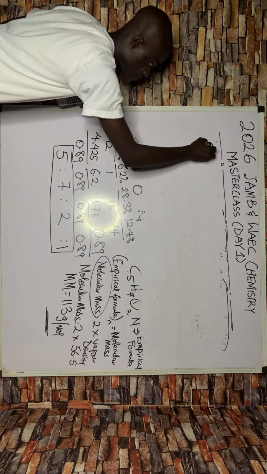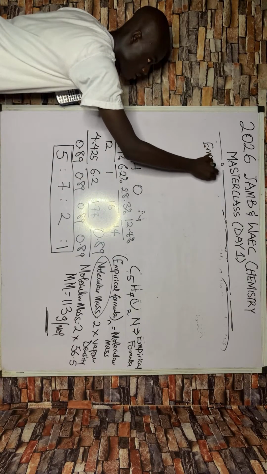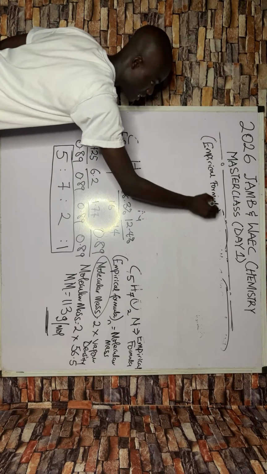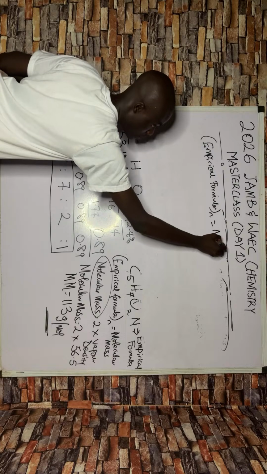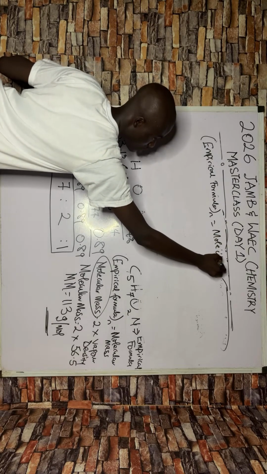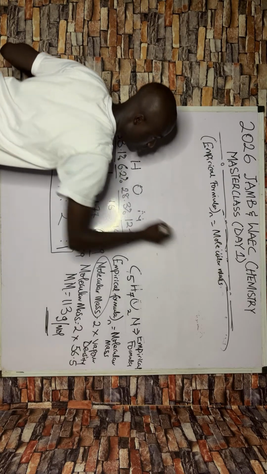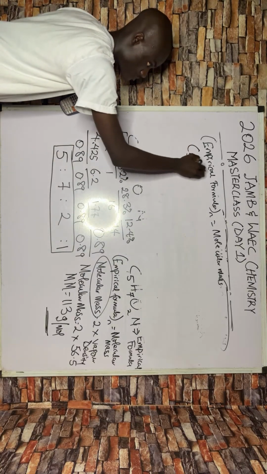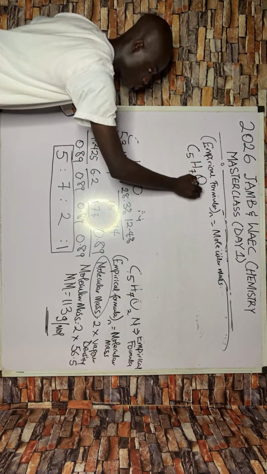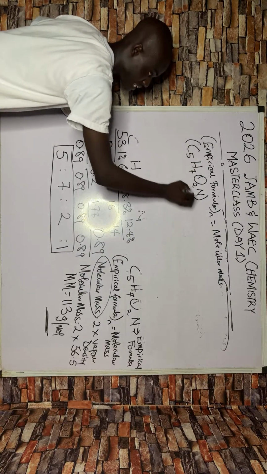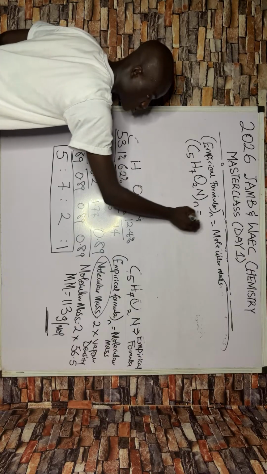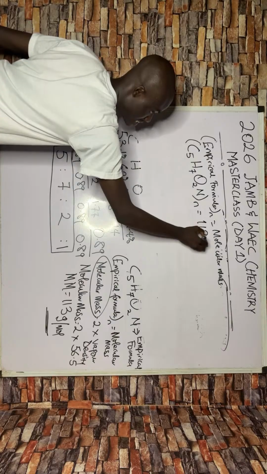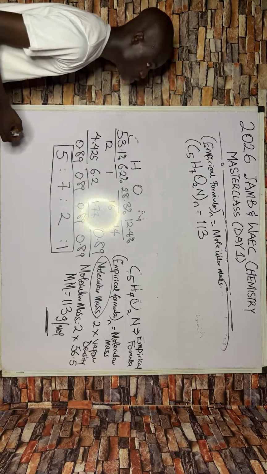Again, the formula is empirical formula times N is equal to molecular mass. Now the empirical formula from our calculation is (C5H7O2N)N, which is equal to the molecular mass we calculated first, 113 gram per mole. Now what do we do?